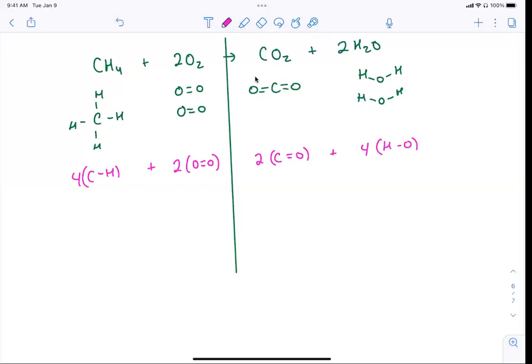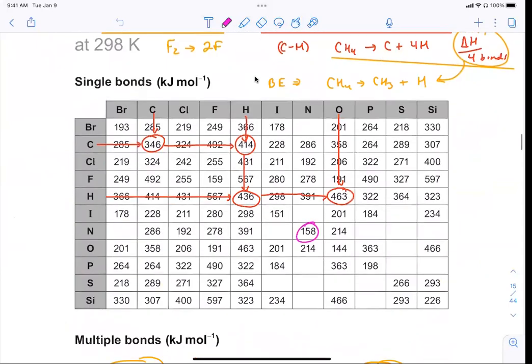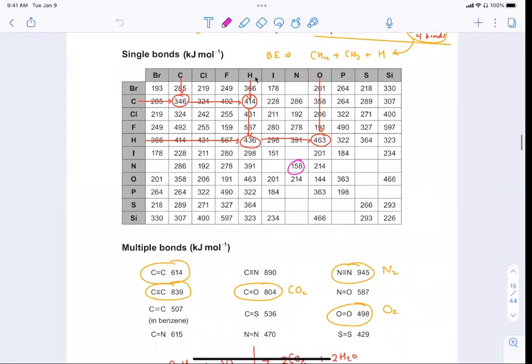When you go to your data booklet and look at these values, you'll see all the single bonds in the table and all the double bonds down here. Triple and resonance are all in here at the bottom, the multiple bonds as well. So you would look up the values: CH bond is 414.